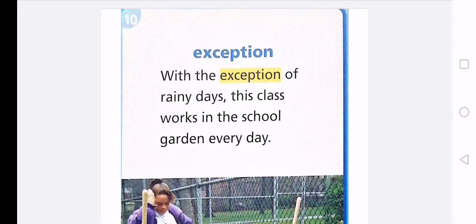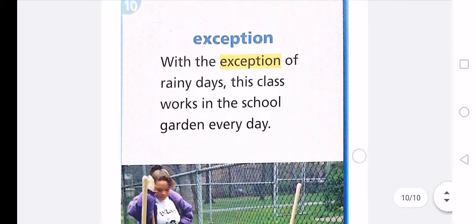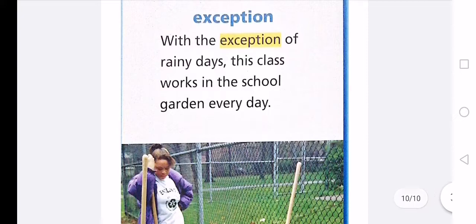Number 10, exception. With the exception of rainy days, this class works in the school garden every day. Exception. What would be another word for exception? Even if the word is in Spanish, if you read it in Spanish, it's the same word.